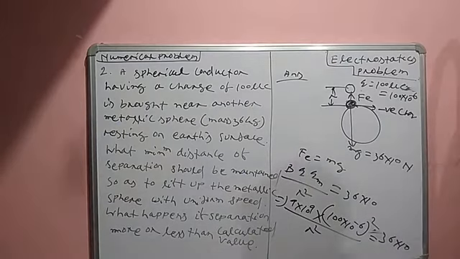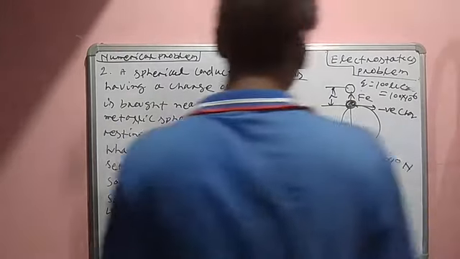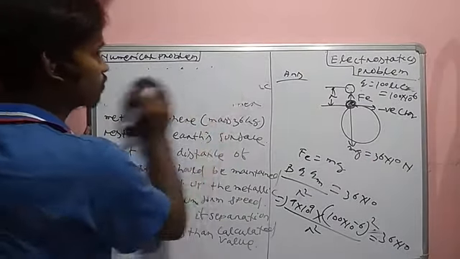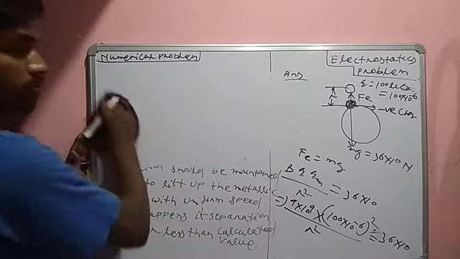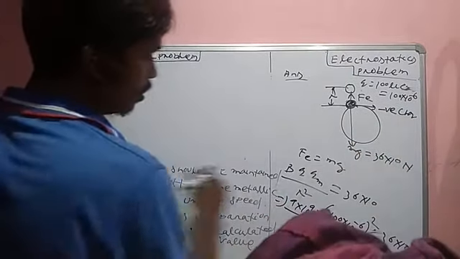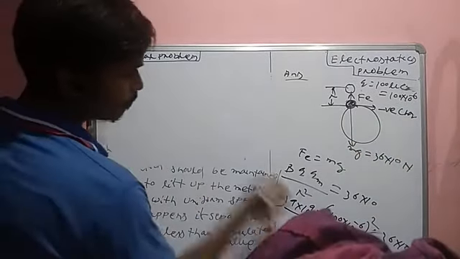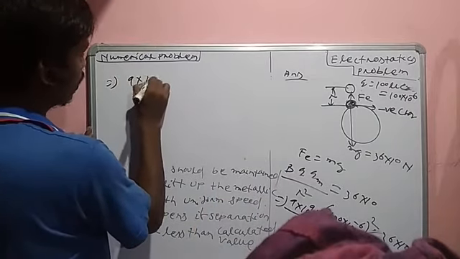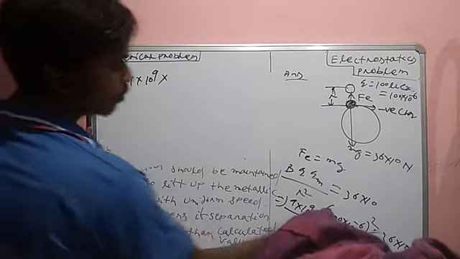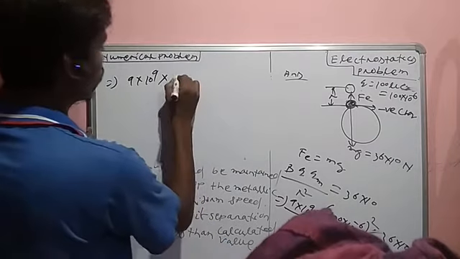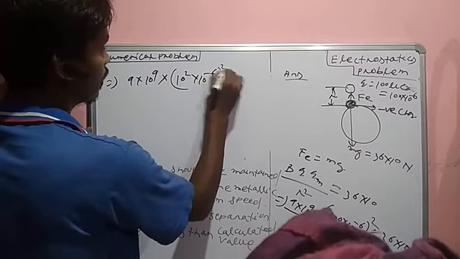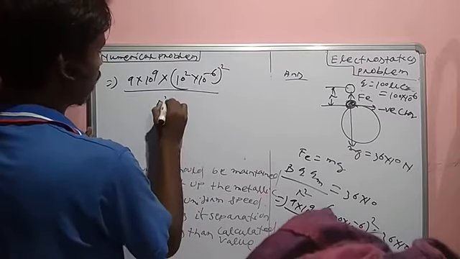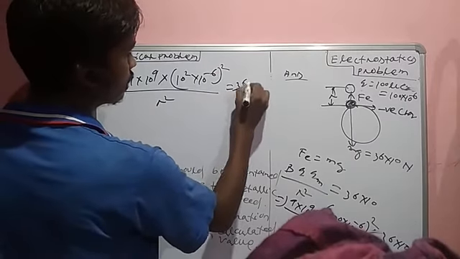Can it be visible or not? Listen. So we can write 9 into 10 to the power 9 into 10 to the power 2 into 10 to the power minus 6, whole square, divided by r square, is equal to 36 into 10.